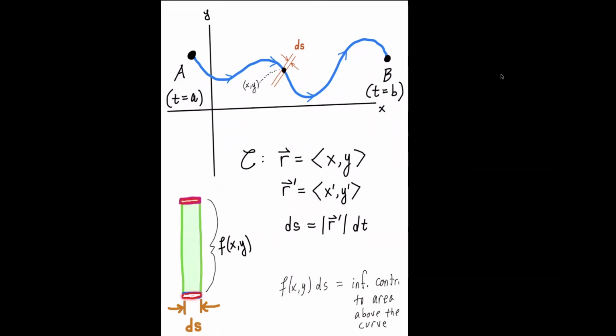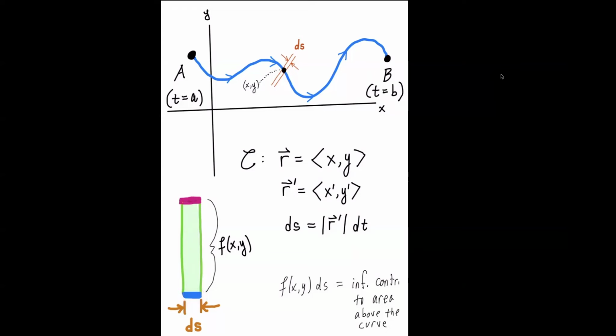Up here we have the part of the surface that sits above this infinitesimal piece. And we can think of this all as a rectangle because an infinitesimal piece represents sort of a point.